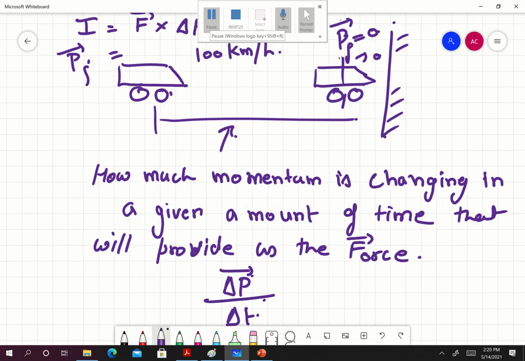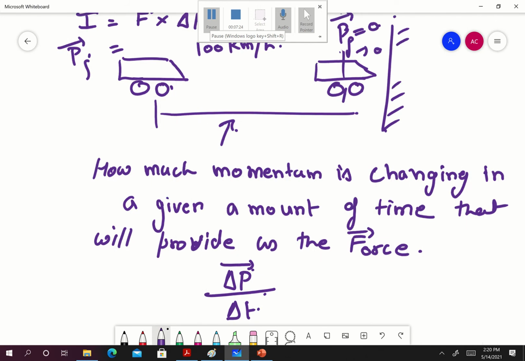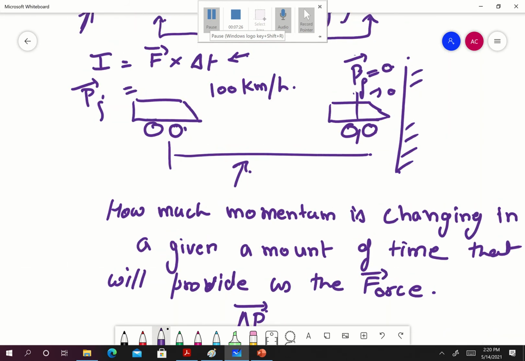In this previous example, where the driver was driving at 100 kilometers per hour, and then he slowed down his car and the velocity became 0, this change in momentum was over a huge amount of time. So let's say the change in momentum was 2000 kg meters per second, but this car came to the halt over 10 seconds.